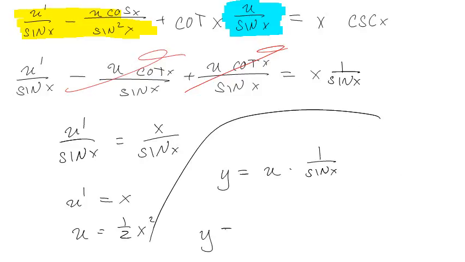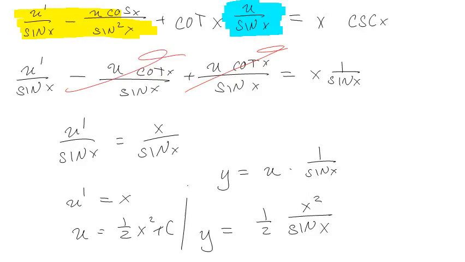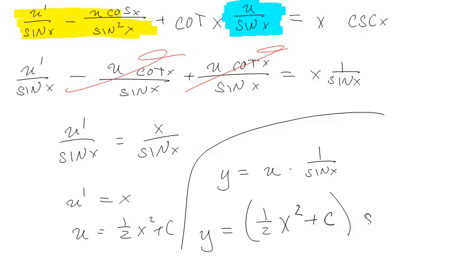So that means that u is equal to 1/2 x squared plus c, there we go, times 1 over the sine of x, like that.